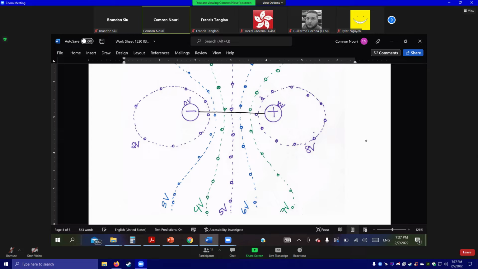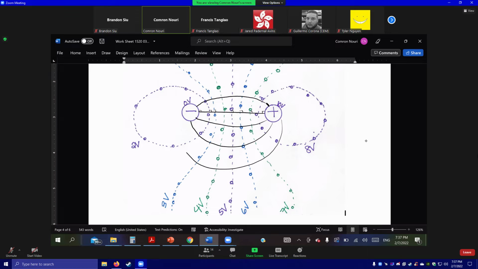You see here, this is one line, perpendicular here, perpendicular everywhere. One line goes directly from one charge to the other, or one electrode to the other. But in here, you have to go this way, perpendicular to the surface and perpendicular to the equipotentials, and then this way, and then this way.